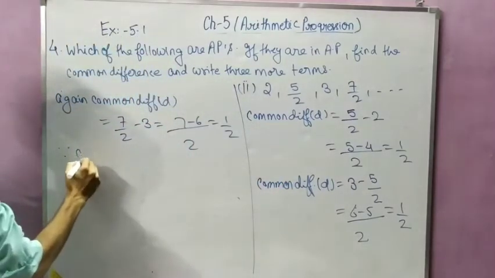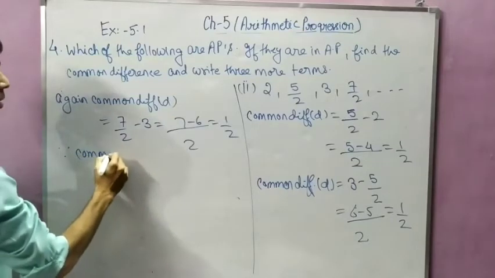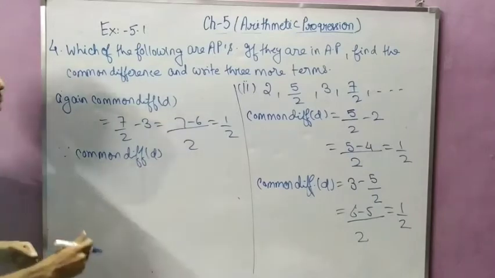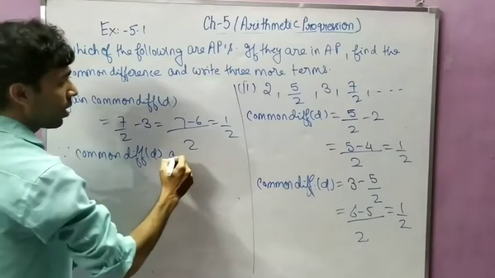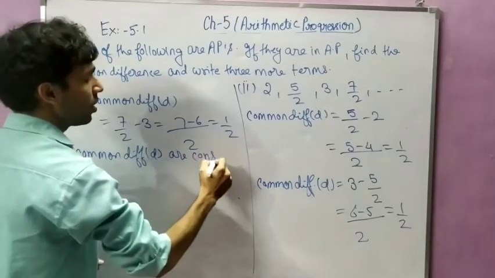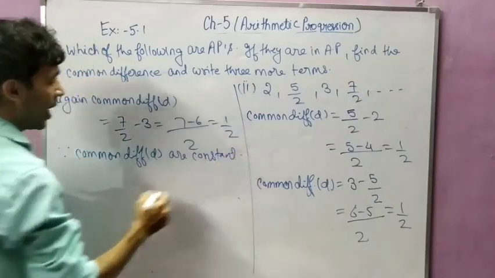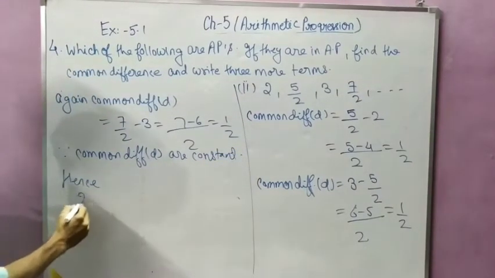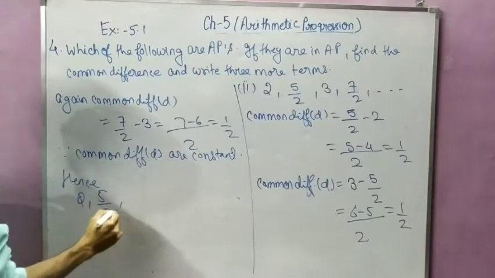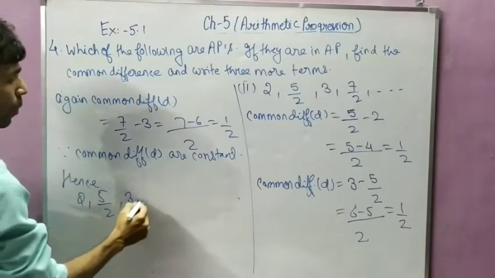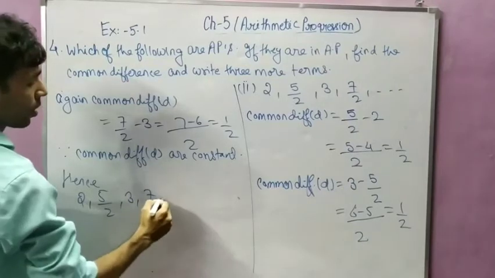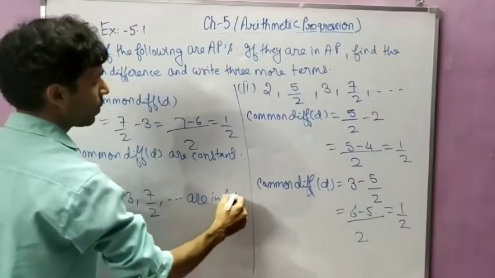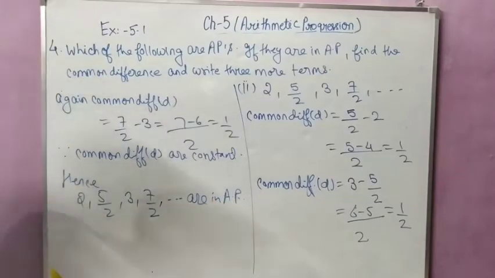Because the common difference D is constant, hence 2, 5 by 2, 3, 7 by 2, dot dot dot are in AP. So they are in AP.